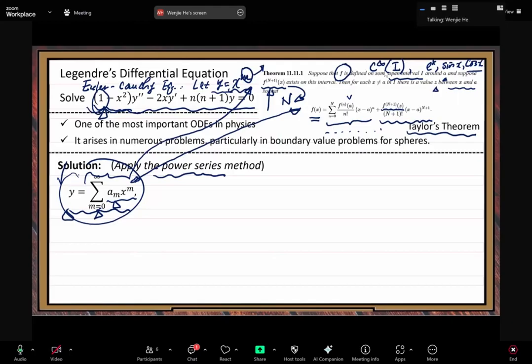Now you have confidence when you use the power series to solve these ODEs. So let's continue and do the work.